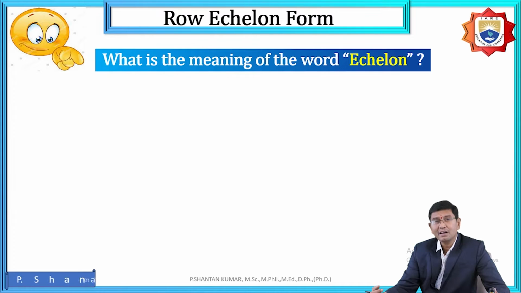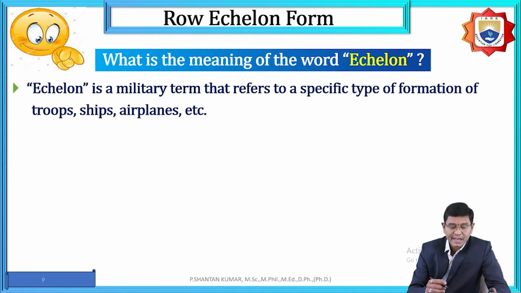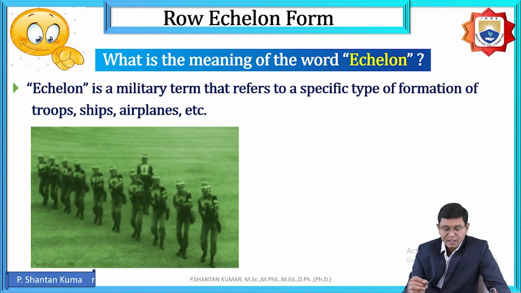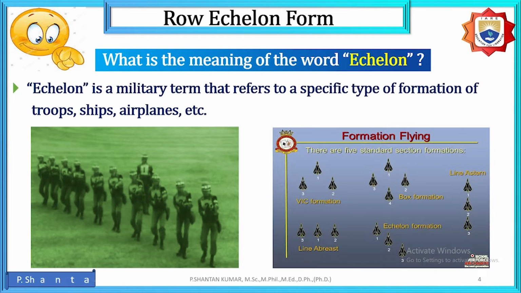Here, the meaning of Echelon form. Echelon is a military term that refers to a specific type of formation of troops, ships, and airplanes, etc. These are observations in defense, according to the troops, ships and air force, based upon some structures.